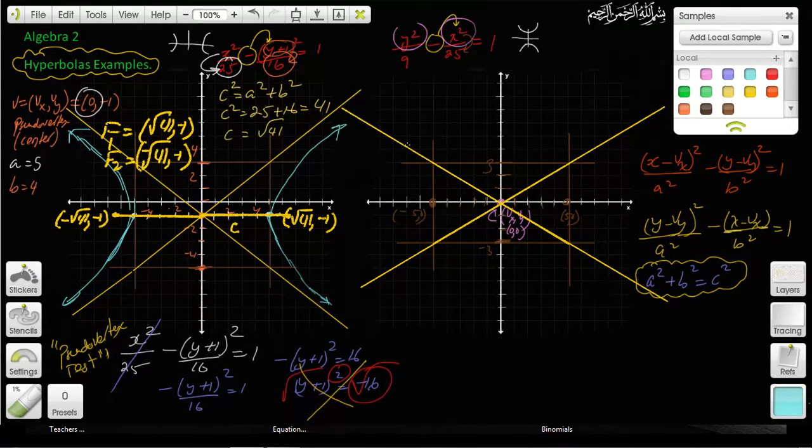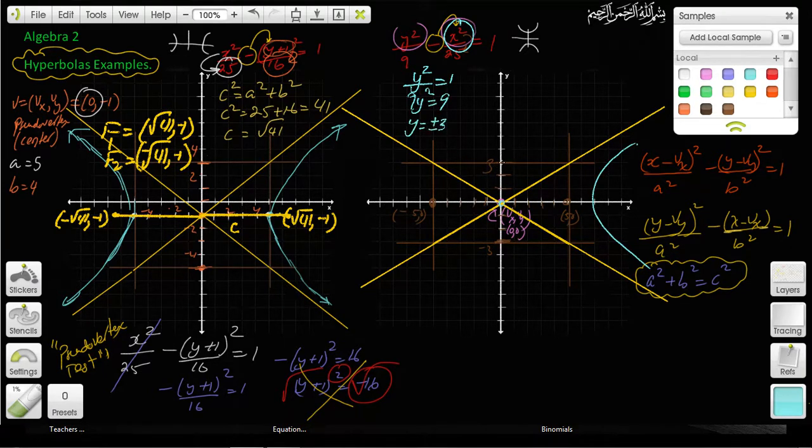Now all we have to do is figure out if this is going to be like this or it's going to be like this, right? So we'll do our pseudo-vertex test. So the pseudo-vertex is 0, 0. So if you put in 0 for x, let's see what happens. If you put in 0 for x, you get y squared over 9, and the whole x term disappears, right? 0 over 25. Then y squared over 9 is equal to 1, and you get y squared is equal to 9, and you get y is plus or minus 3.